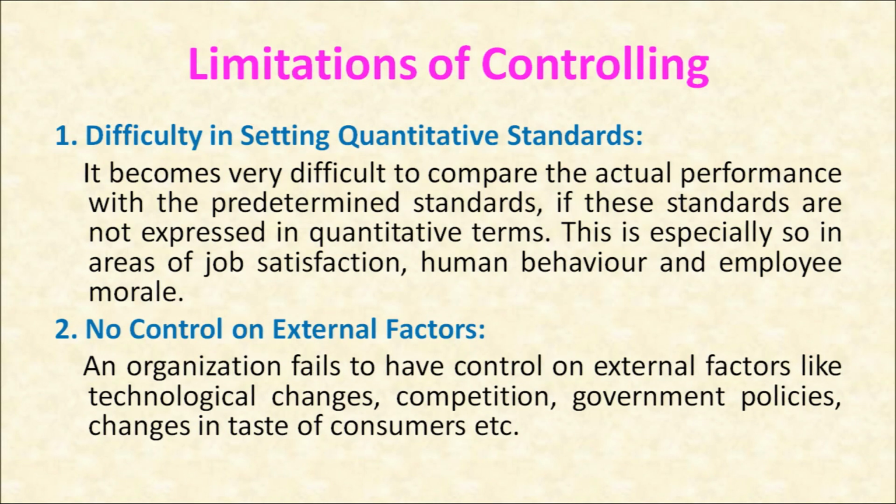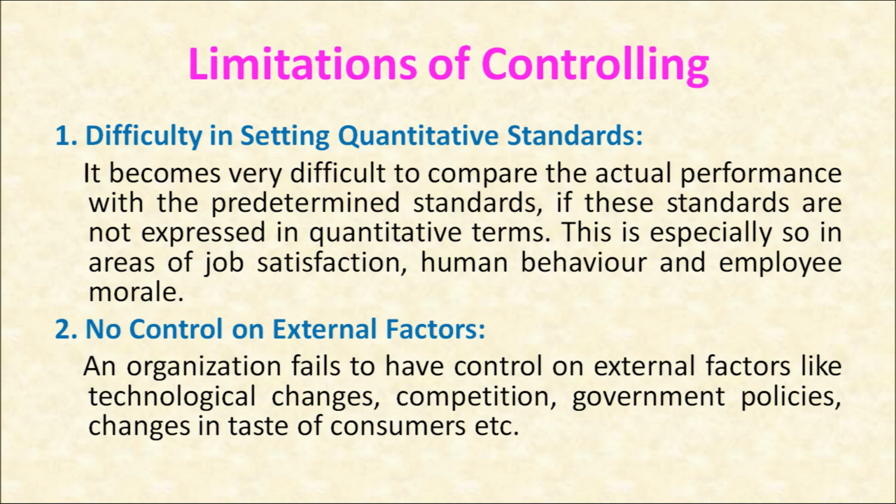Now, as we've understood, controlling is a mechanism of judging performance and comparing it with the laid down standards. But in order to compare the actual performance with the predetermined standards, if these standards are not in quantitative terms, then it becomes very difficult to compare.